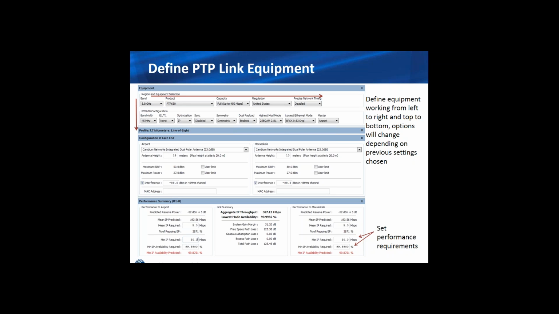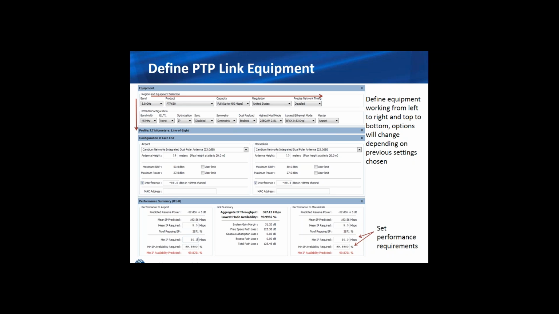If you're working in a fixed modulation mode, then it's not necessary to set the required throughput because that won't change anything. You just need to set the availability you're looking for. We can see that in this link I've set up, the predicted availability is in red and shows that this doesn't meet our requirements.